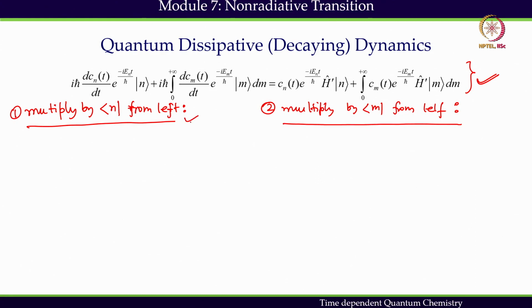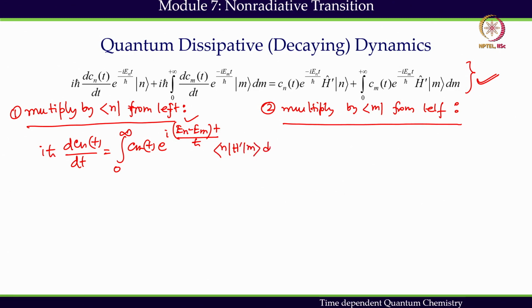So I get this equation: i h cut dC_n(t)/dt equals the integral from 0 to infinity of C_m(t) e to the power i (E_n minus E_m) t by h cut, n H dash m, dm. So this is one equation we get.